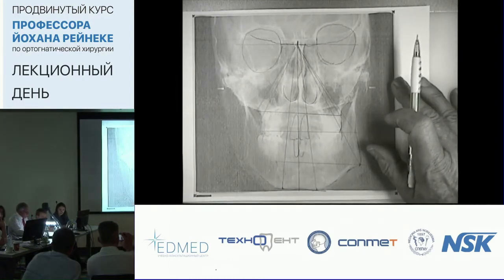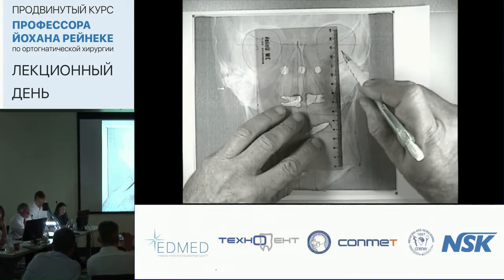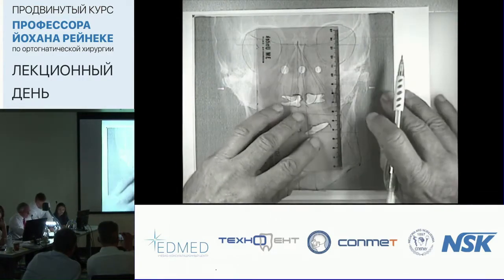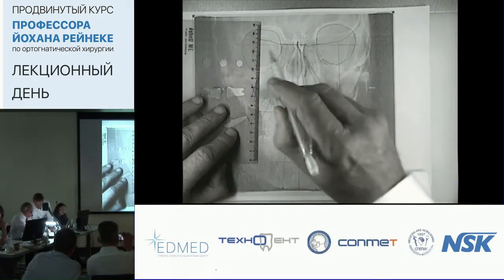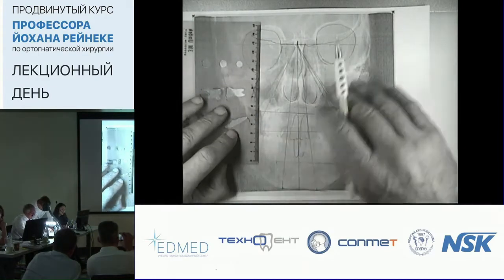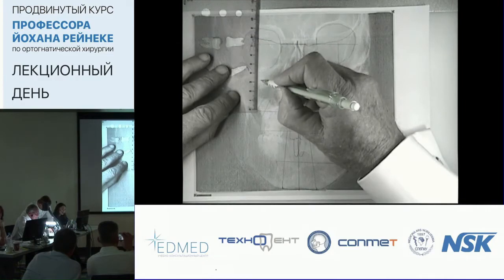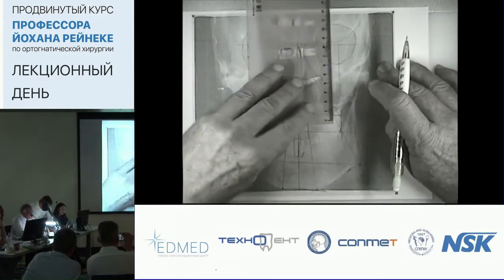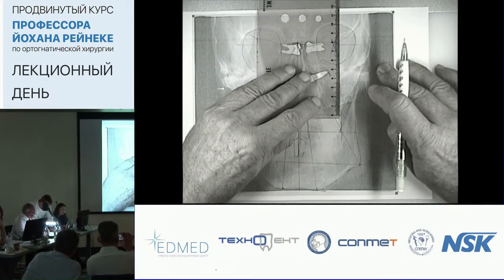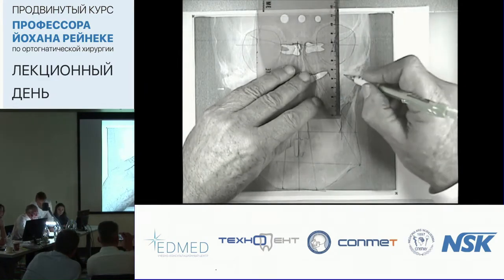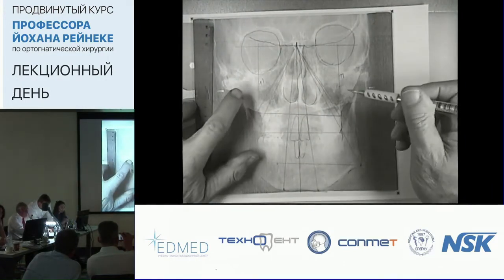So if I need to know now what's the difference between them, I would drop a vertical line there and a vertical line there, and I can measure and say this is 71 and this is 77, about 7, yeah. So we can see that there's a substantial difference between the two.